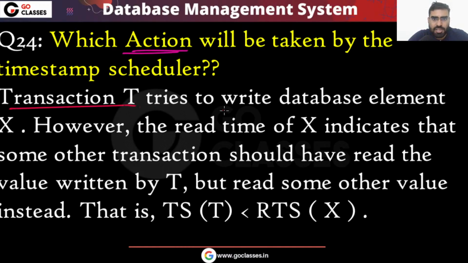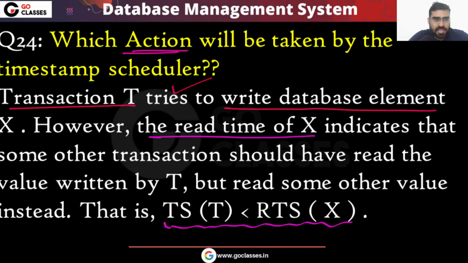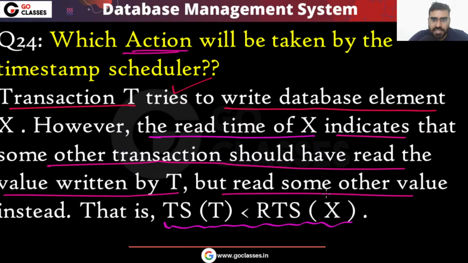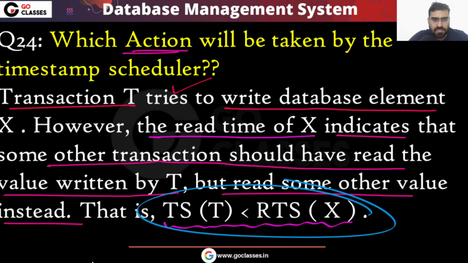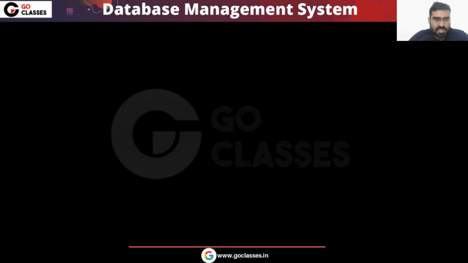Transaction T tries to write data item X. However, the read item of X indicates that some other transaction should have read the value written by T, but it read some other value. Focus on this equation.